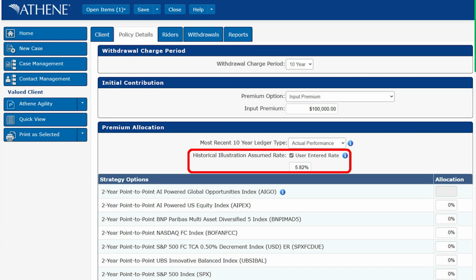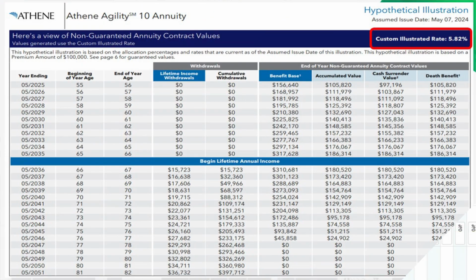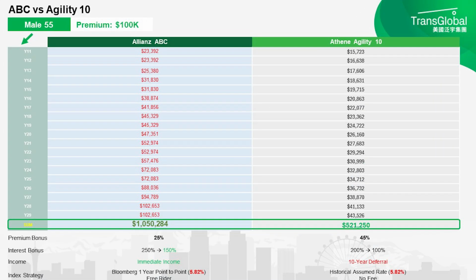You can put any rate you want. You can match it with the Allianz return rate, which is 5.82. That way, you get a very fair comparison because they have the same return rate. So when you see the comparison again, Allianz ABC wins, with a very fair comparison.